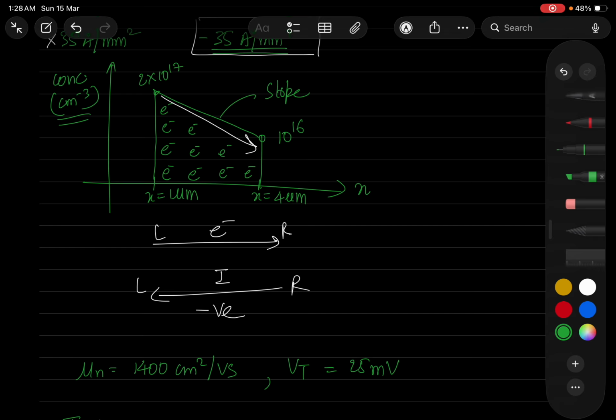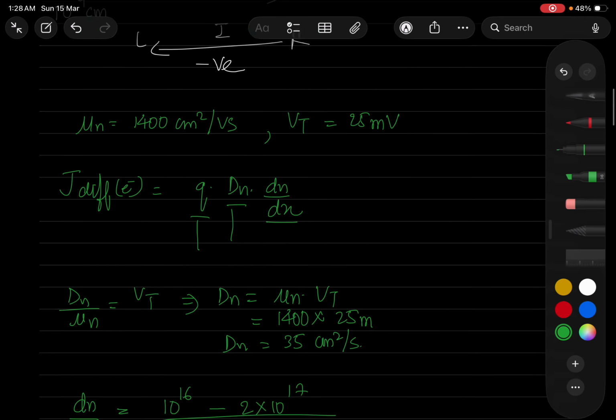So let's convert this x-axis also into centimeters. So this will be 4 into 10 raised to the power minus 4 centimeters, and this will be 10 raised to the power minus 4 centimeters.